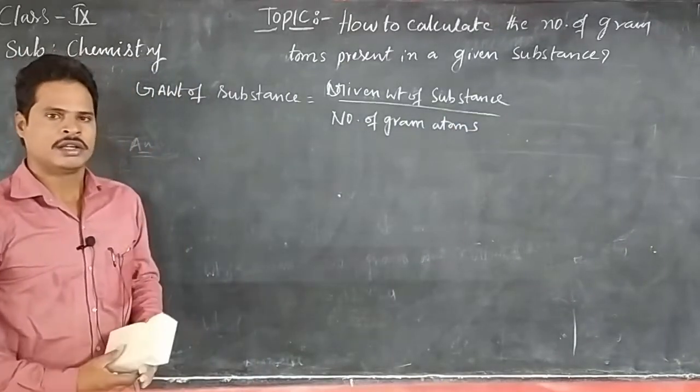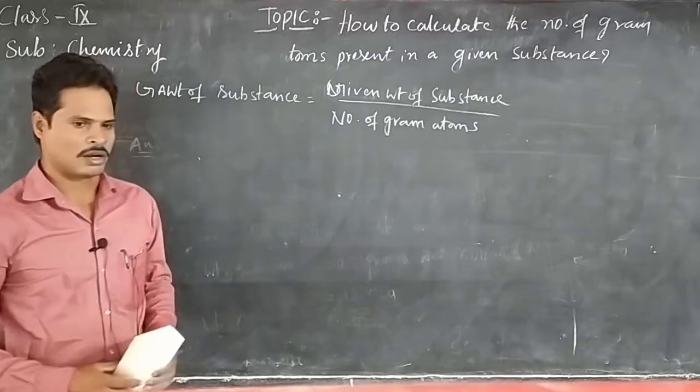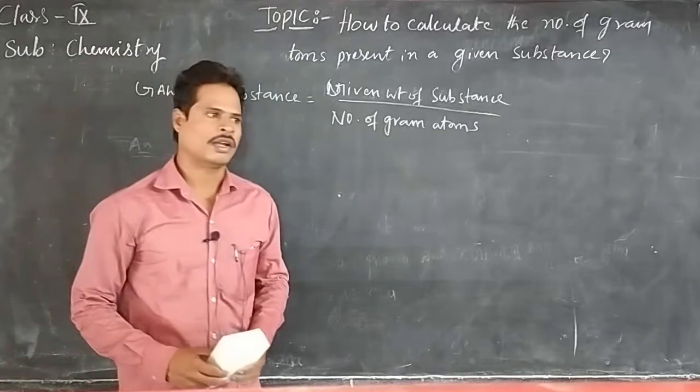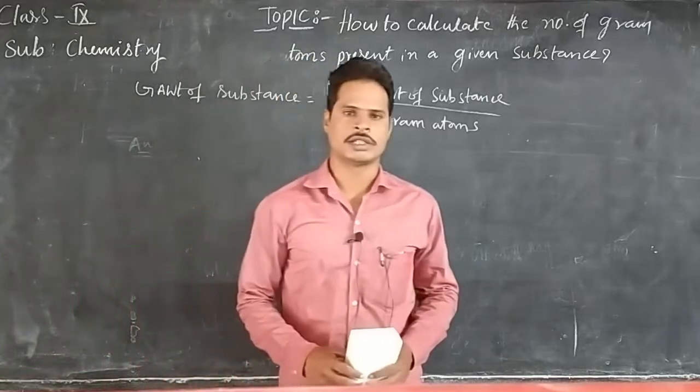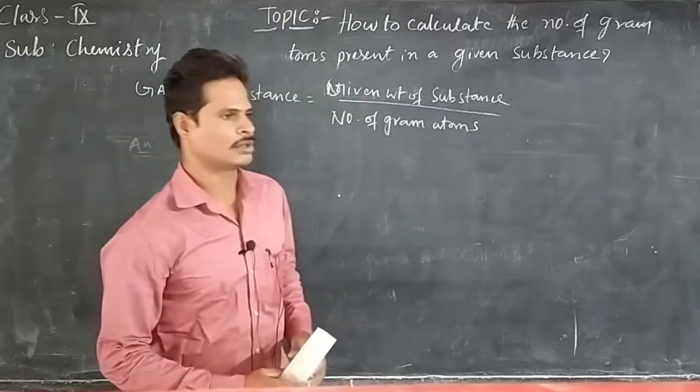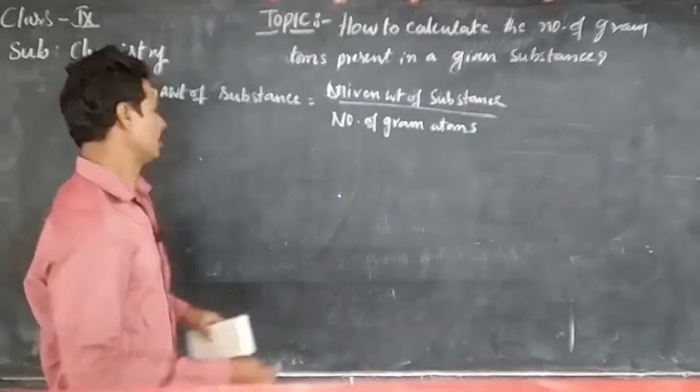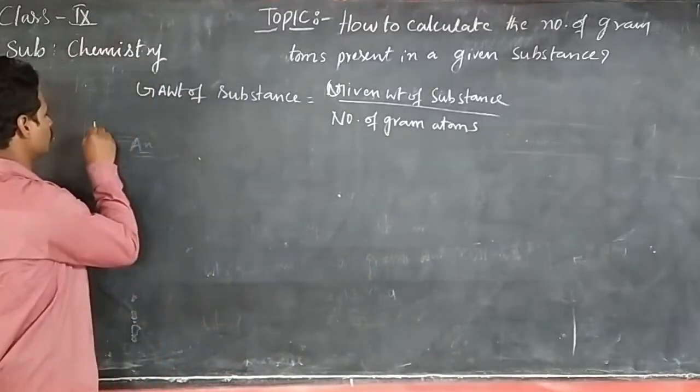Now calculate the gram atomic weight of carbon in 5 gram atoms present in 60 grams of carbon atom.